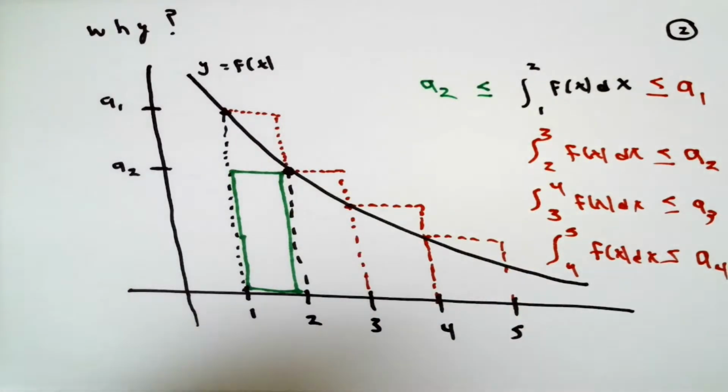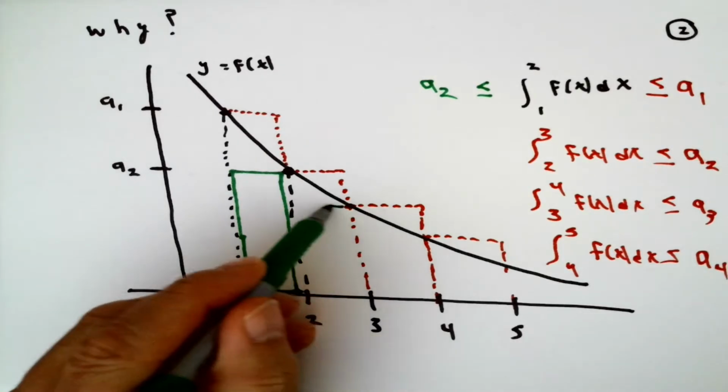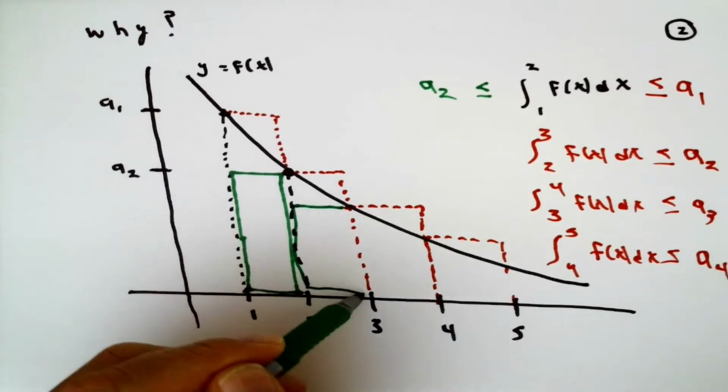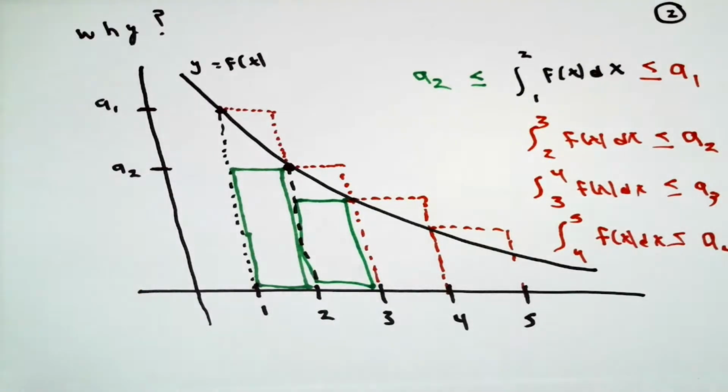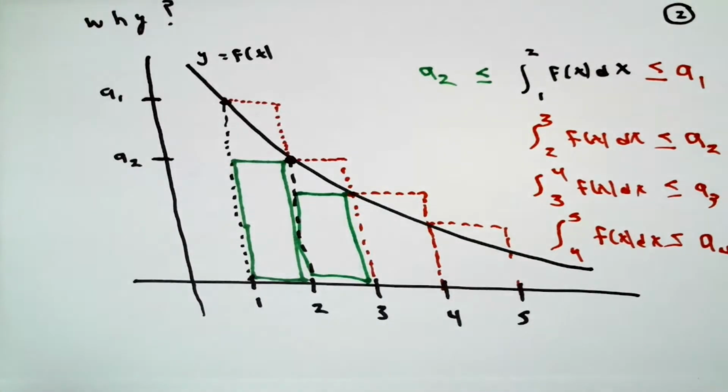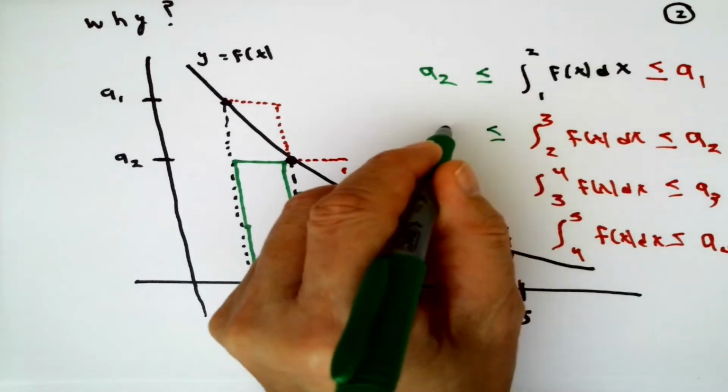The area under the curve from 2 to 3 is larger than the area of that rectangle. This is 1 unit across and a_3 in the vertical direction.